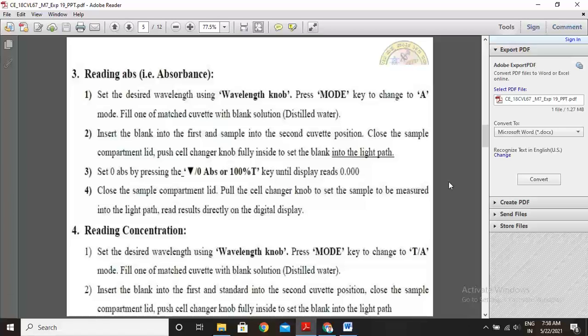Next step, insert the blank into the first and the standard into the second cuvette position. Close the sample compartment lid. Push the cell changer knob fully inside to set the blank into the light path.